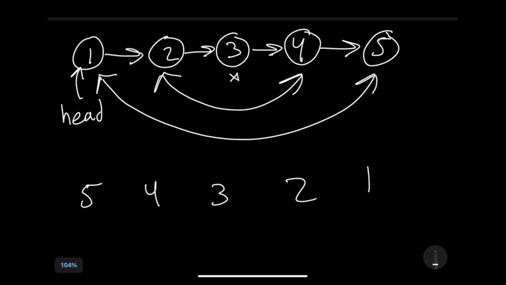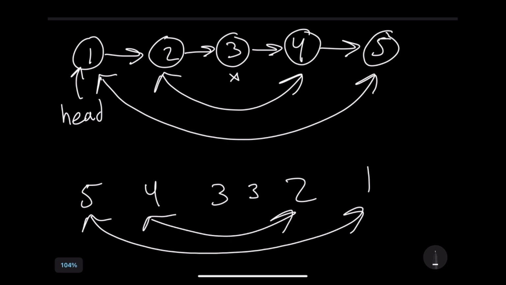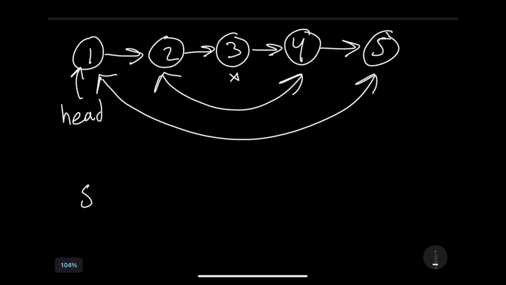If there was another number here, then I would want to switch both of these, both of these, both of these, right? So the idea that gives me is I could send a pointer down the linked list each time that I need to make a swap.